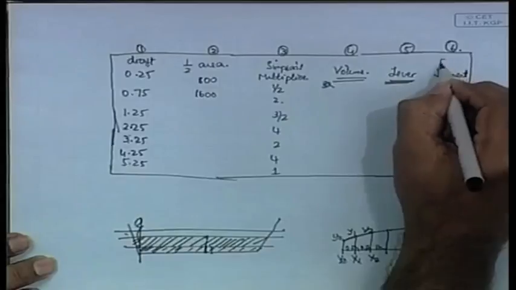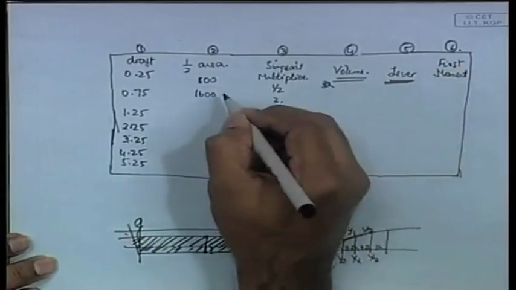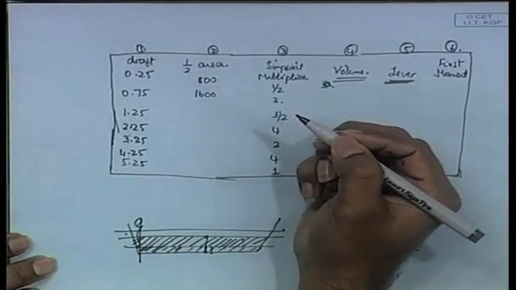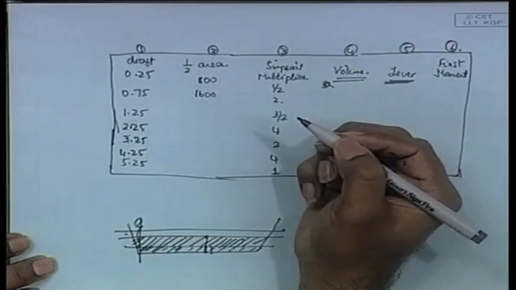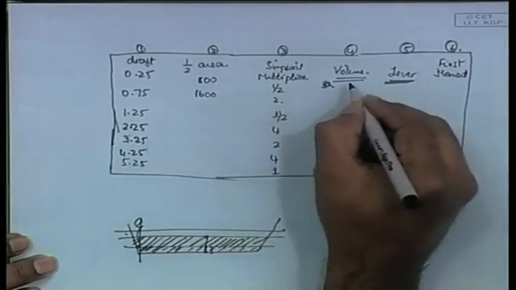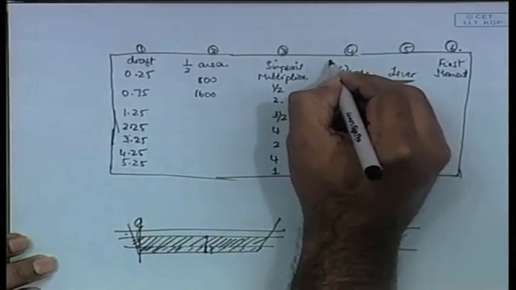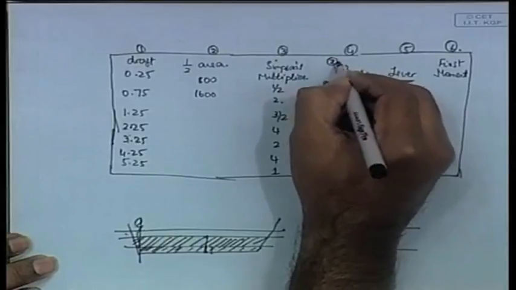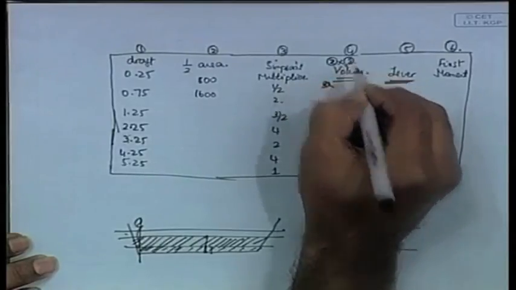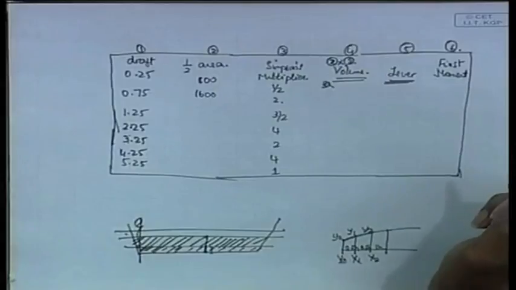This is the first moment. Then you have this volume, which is your 2 into 3. Now that won't give you really the volume. You have to multiply what with what to get the volume really.